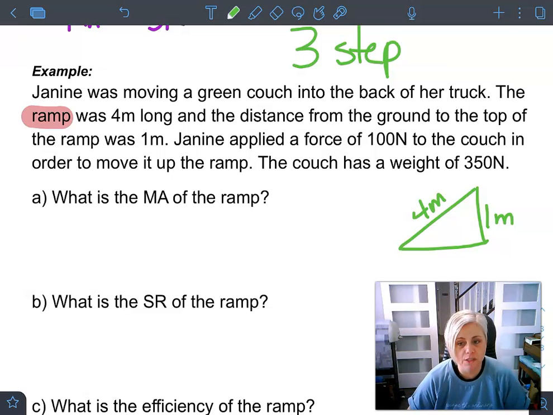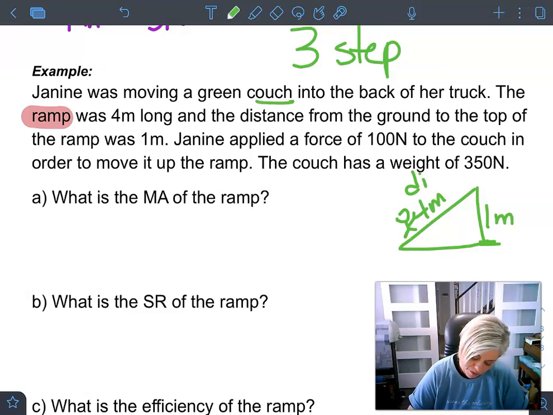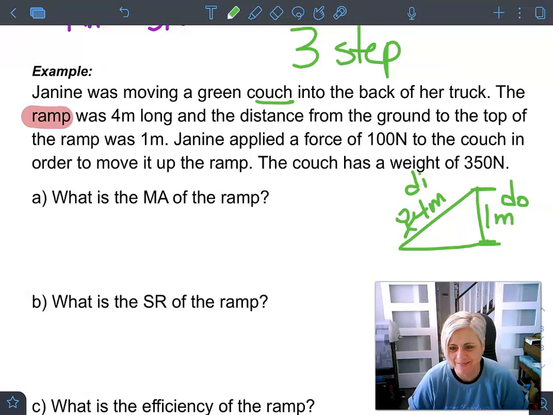Now, these two distances, the person always walks up the ramp. So that makes 4 meters our input distance. And in the end, the couch ends up moving 1 meter from the ground to a height of 1. So that ends up being our output distance.